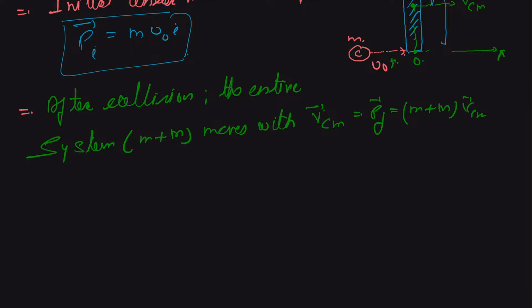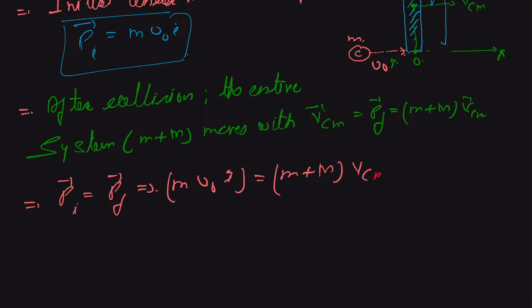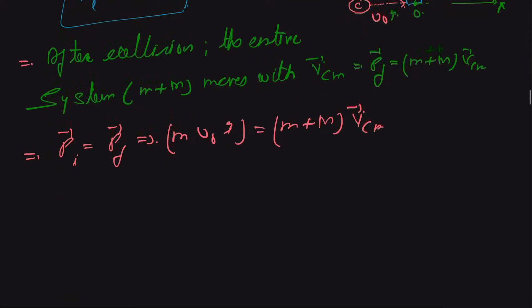Now from the conservation we can say P initial is equal to P final, which gives us m v naught i unit vector is equal to m plus capital M times VCM.